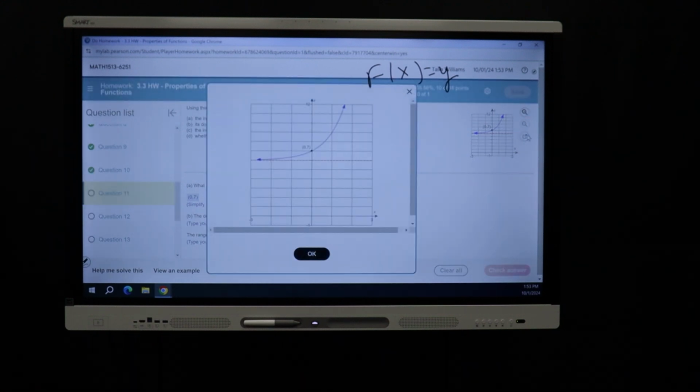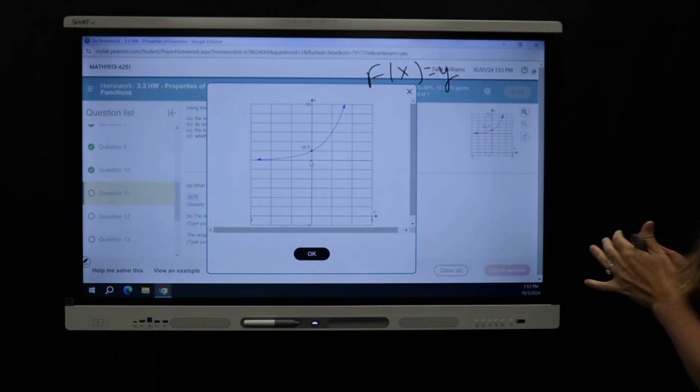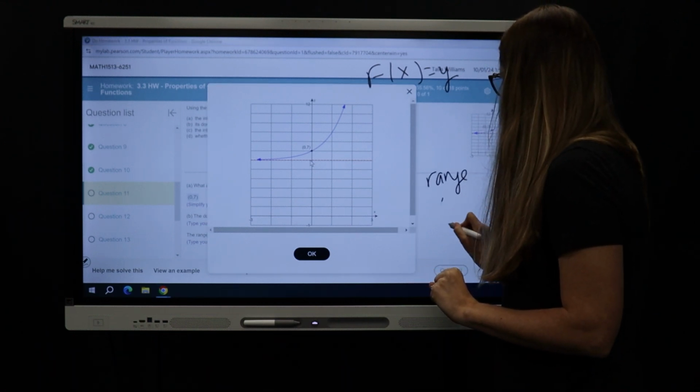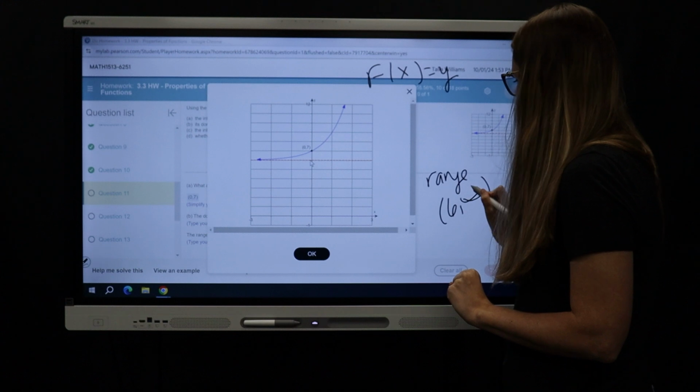So the range on this one, when we're coming bottom to top, the first time we come into contact with this graph is going to be at this value. It's never going to equal this value. It's going to get infinitely closer to this, but it will never equal it. And that's 6. So our range is going to be 6 to infinity.